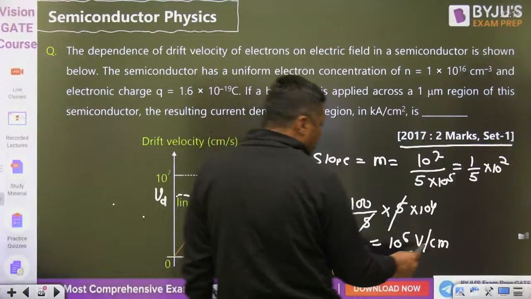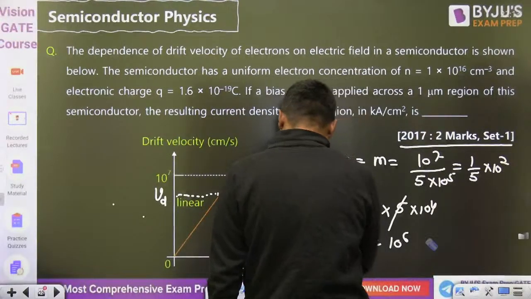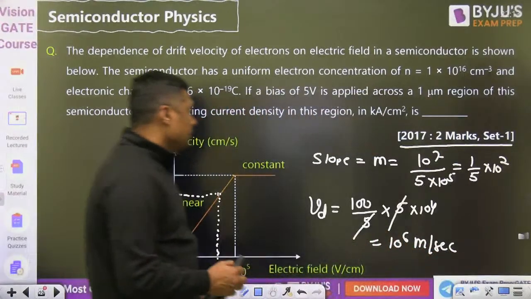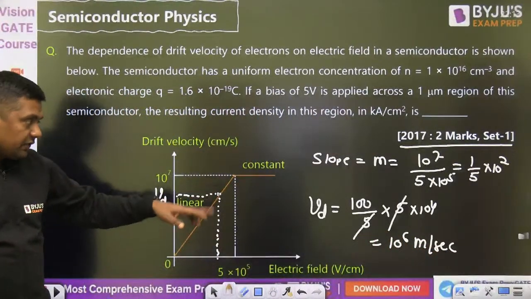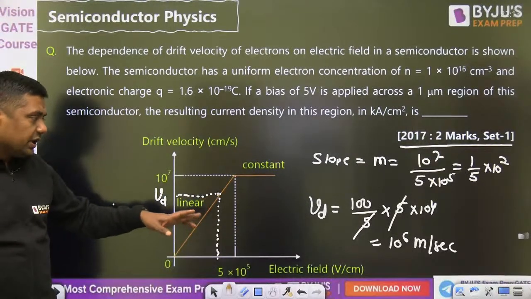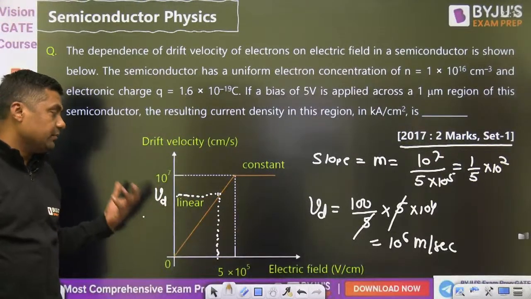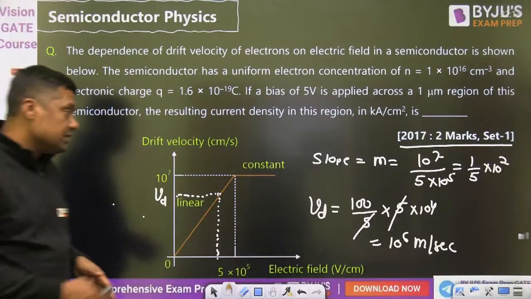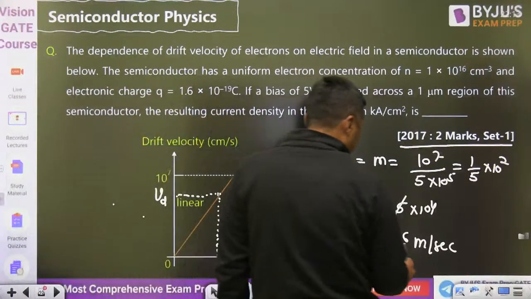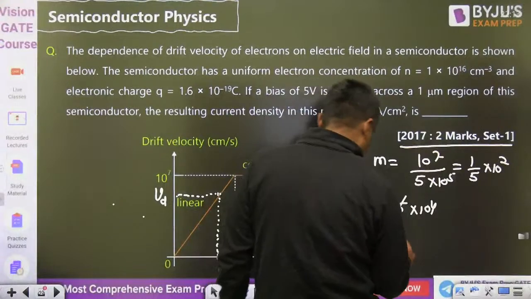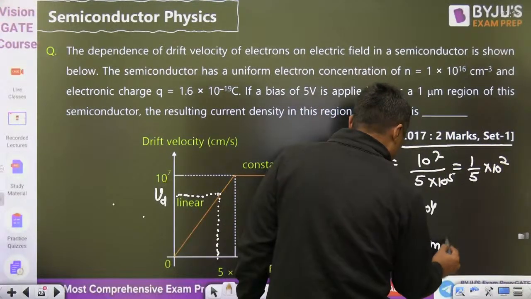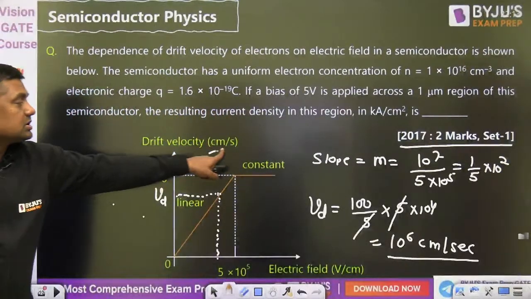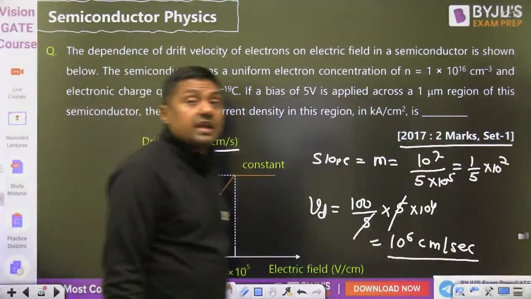The drift velocity at this point is the electric field multiplied with the slope, that is 10 to the power 6 centimeter per second, because we have used volt per centimeter, that's why it is in centimeter per second. Unit is clear.